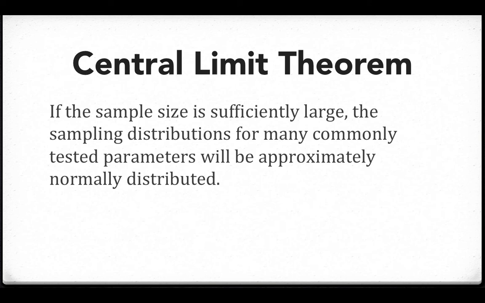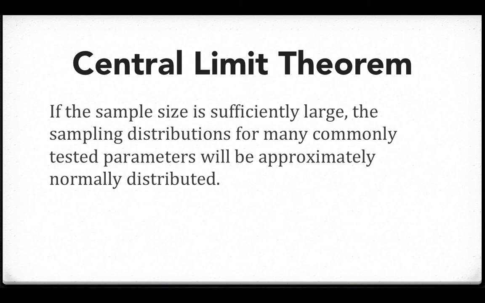For all of these, the sampling distribution will be approximately normal if the sample size is sufficiently large. In terms of what is meant by sufficiently large, we'll learn more about this over the next few weeks. Essentially, it's determined by the point at which the sampling distribution becomes approximately normal.